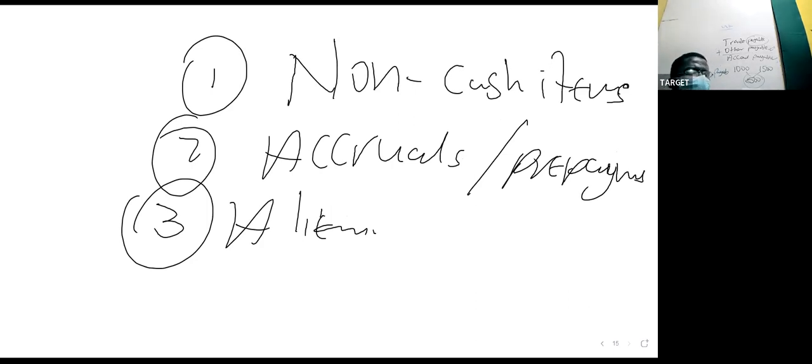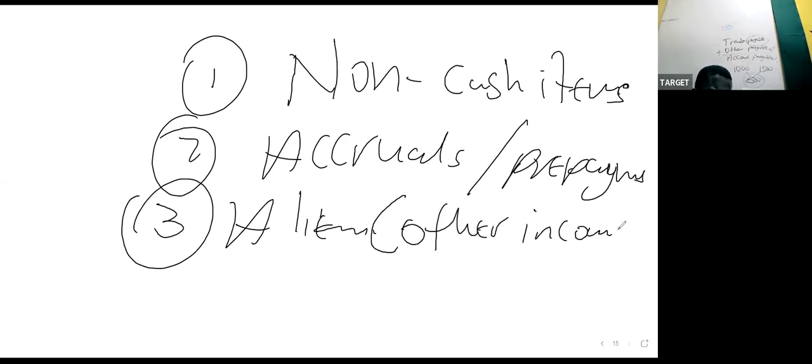Who are the strangers? Any profit which is not coming from our core trading, but they have added it to their profit, they are alien. Take them to investment activity. Simple as that. These are the other income, please reverse them.